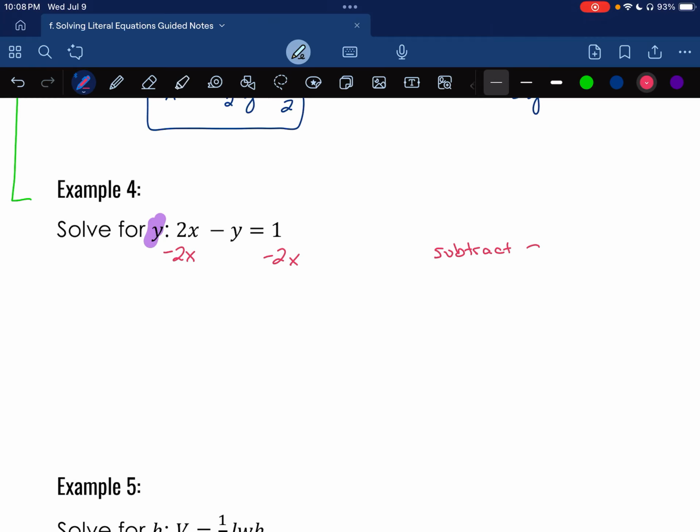Alright, so that will cancel. Careful that you don't lose your negative here, okay? We're going to end up with negative y is equal to negative 2x plus 1.